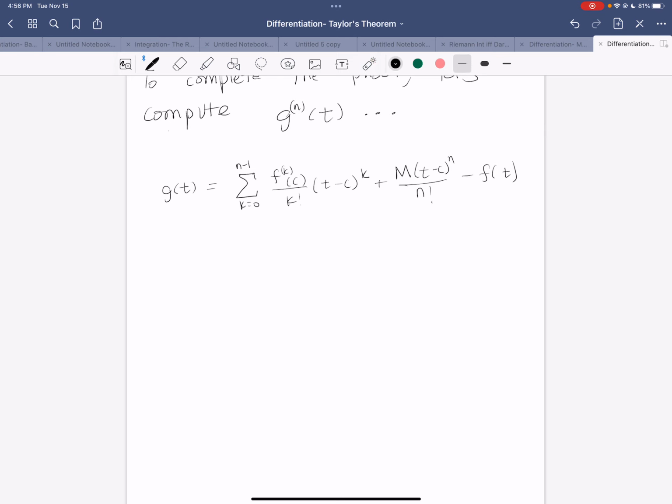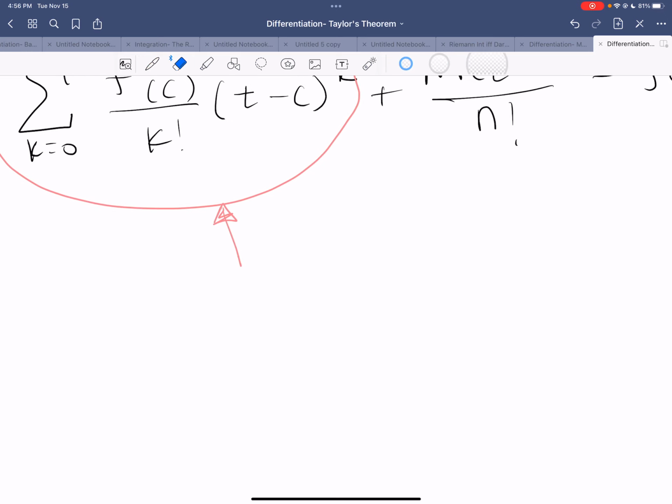When I take the nth derivative of this polynomial, I'm going to get 0, because this is a polynomial of degree at most n minus 1. So its nth derivative will just be 0.